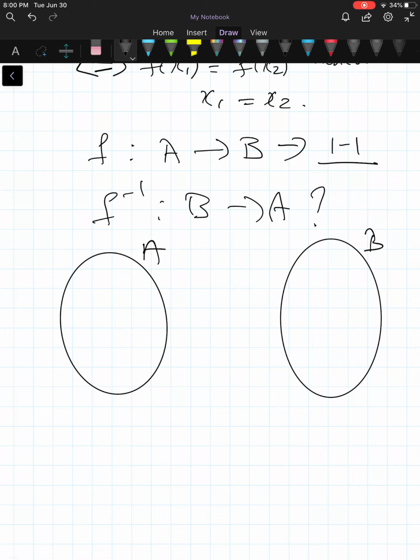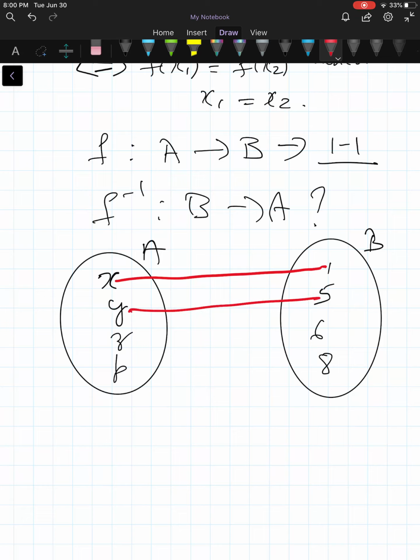Suppose this is A and this is B, where A is the domain and B is the codomain, and you have elements x, y, z and P in A, and 1, 5, 6 and 8 in B. So f takes x to 1, y to 5, z to 6 and P to 8 as well.